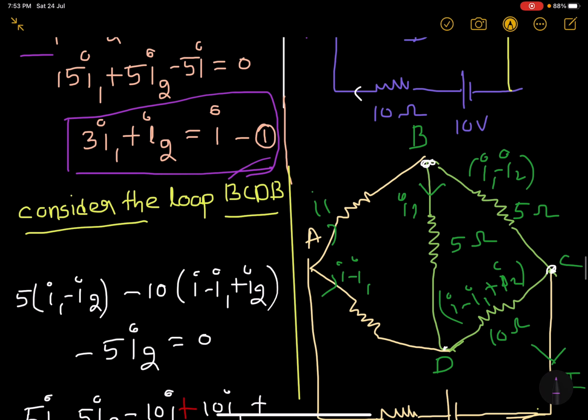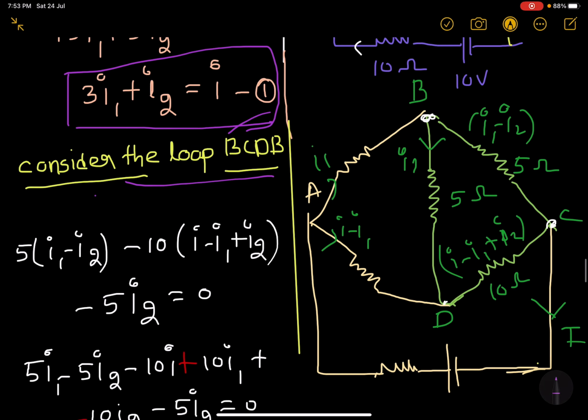Next, considering the second loop, that is B C D B. Along the current, plus 5 ohm times I1 minus I2.